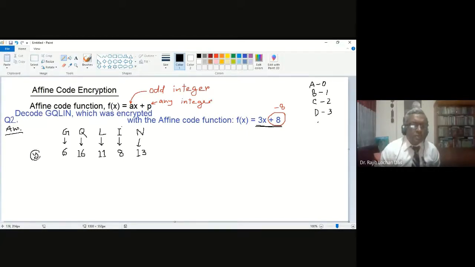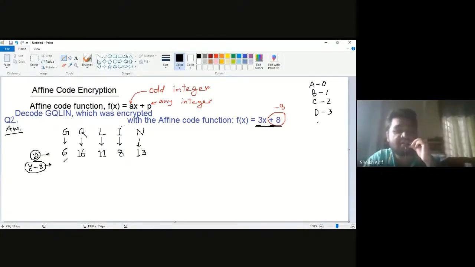It is not mandatory. Say you are thinking this is your y, not x. X is the original letter. So now you will do y -8 because in the original function it was +8. If it is -8 in the original function, then you will do +8 now. So you can write -8. So you are f(x) there.